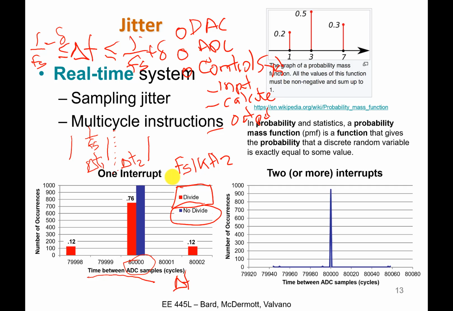And occasionally the time between the two interrupts is not perfectly 80,000. Now, typically this jitter is small. If the jitter is plus or minus 2 bus cycles, nobody cares.